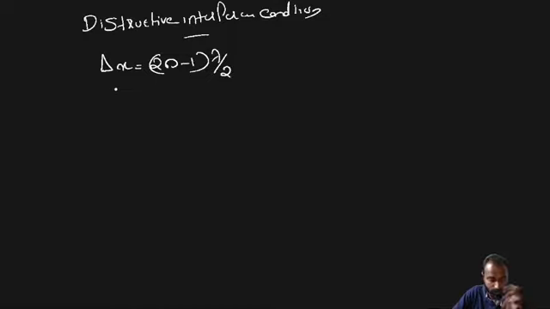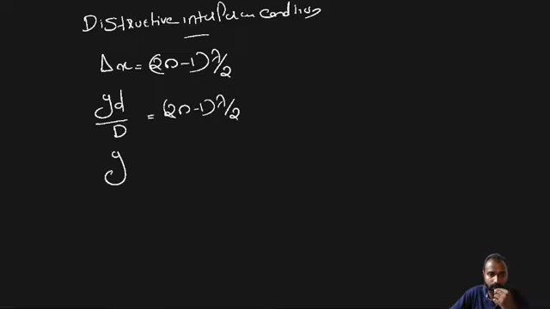So delta x we have got here, yd by capital D, is (2n minus 1) lambda by 2. Then I will find the position of the destructive or dark spot as (2n minus 1) lambda by 2 into capital D by small d.